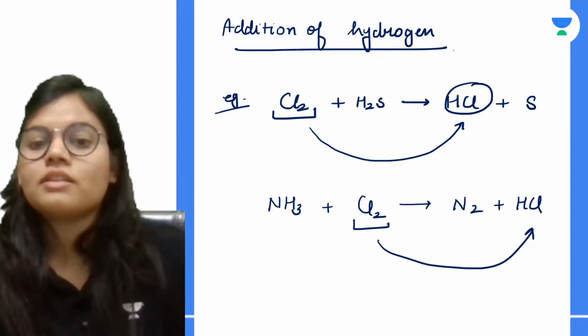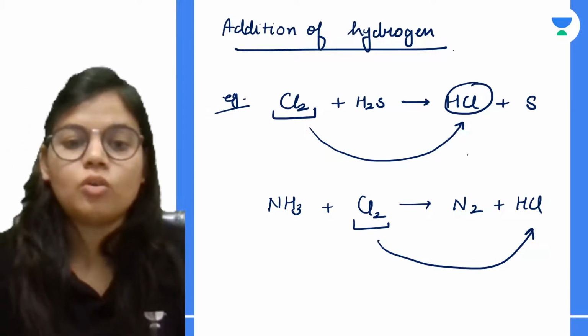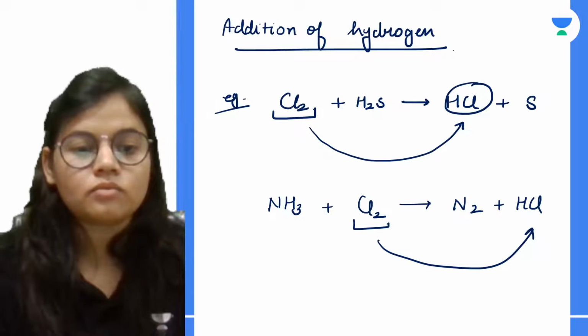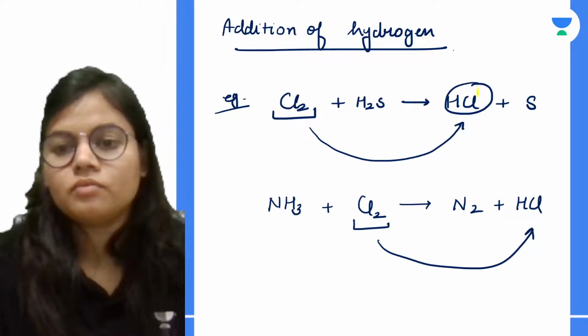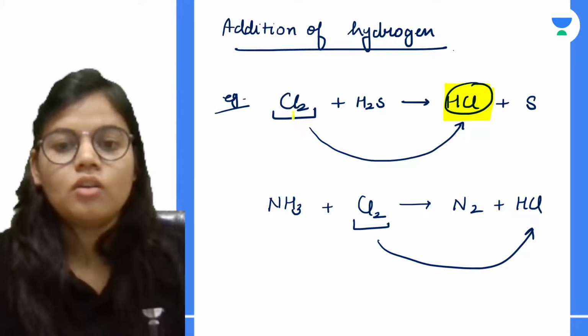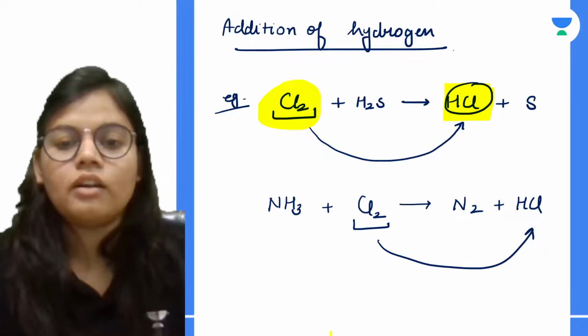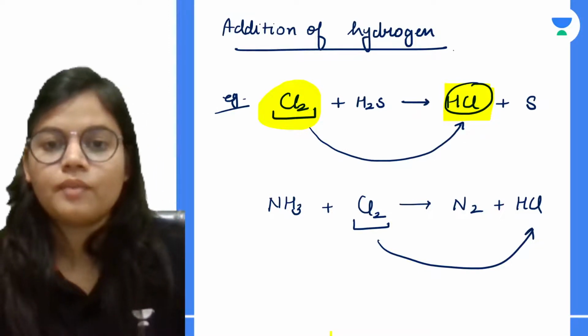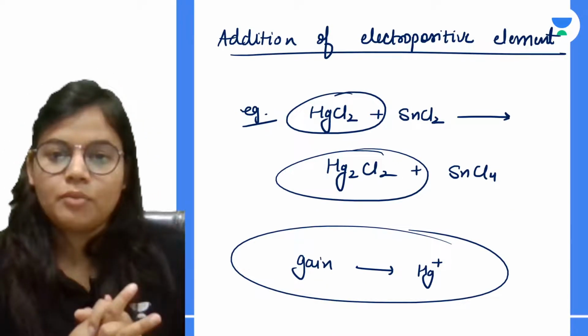Fourth definition is addition of hydrogen. So from chlorine to hydrogen chloride, what are we getting? We are getting an addition of hydrogen, so that is why it is said to undergo reduction. And the last is addition of any electropositive element.